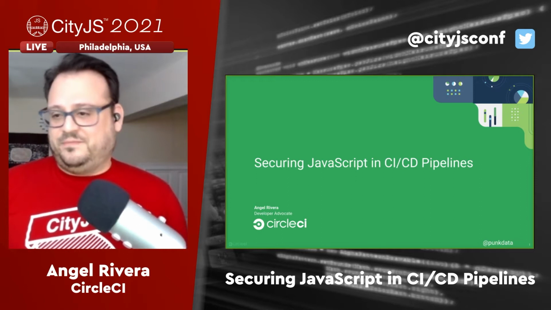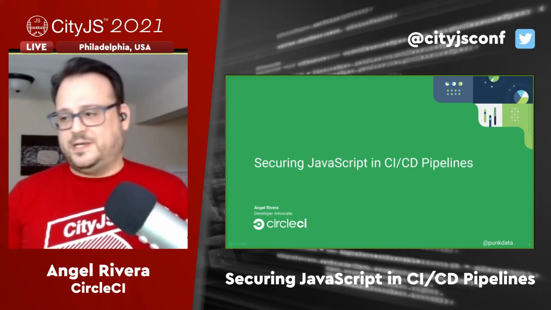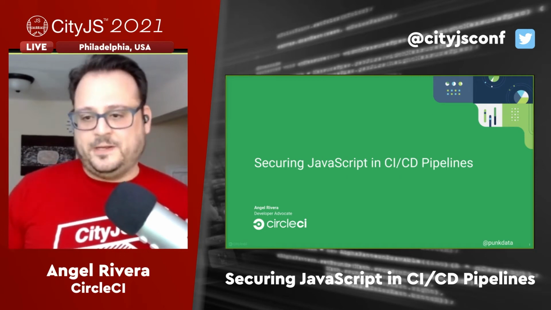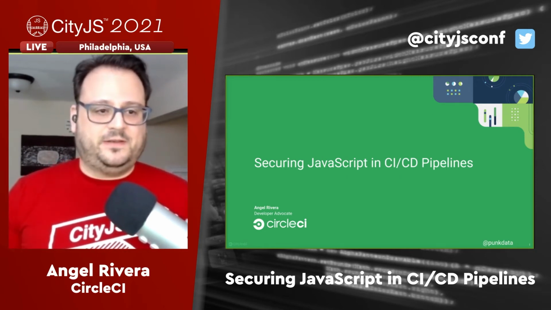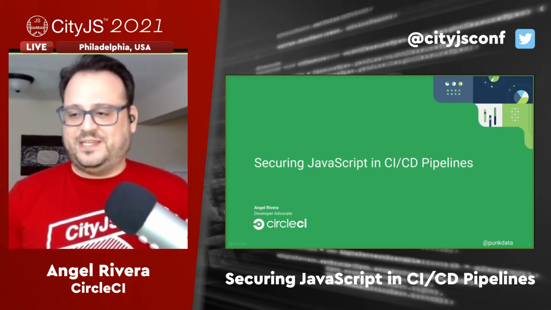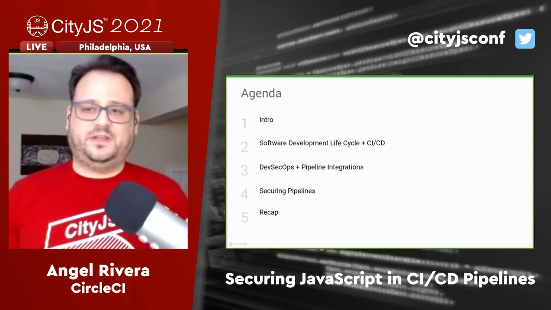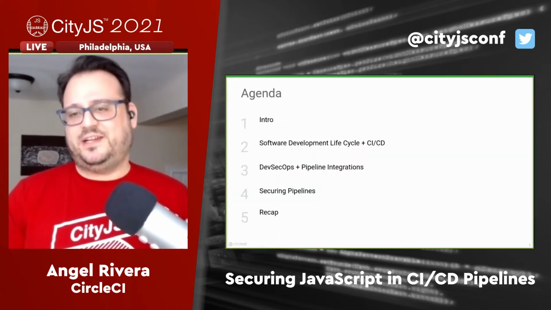But I do want to caveat this talk. Although it's a JavaScript conference, this talk is going to focus mainly on how to secure pipelines, regardless of stack. Since this is a JavaScript conference, I just wanted to clarify that for folks. So here's a quick agenda of what I'm going to be talking about today.